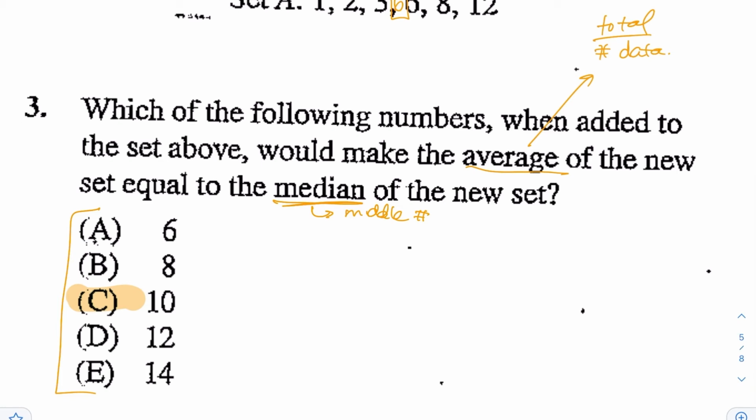Because if you add a number that's 6 or over in any of those spots, that would make 6 become the median. So you really just want an average of 6. So in order to get an average of 6, you'll have to do a total divided by, now, 7 numbers, because you're putting another number somewhere in here. And that is equal to 6.